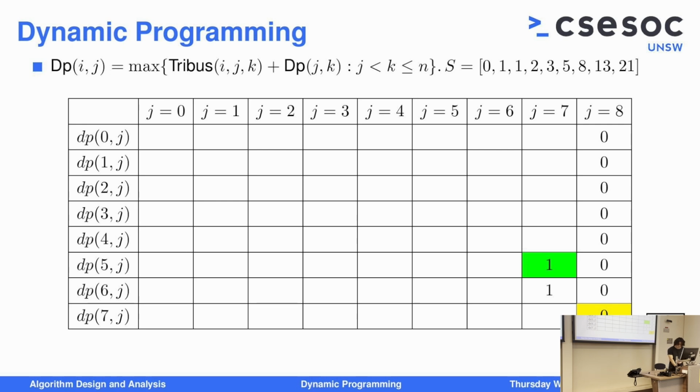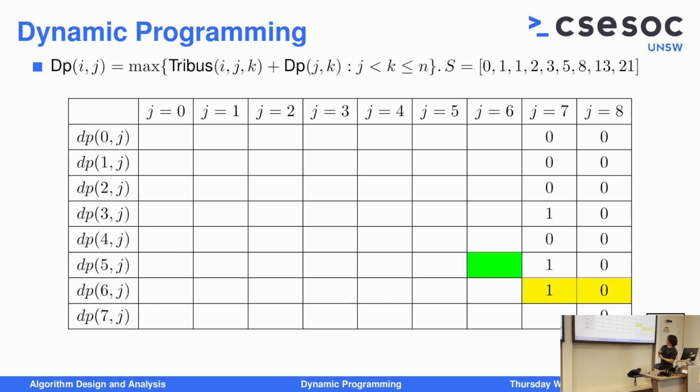So for this one, we'll keep going. We find that 3 plus 13 plus 21 is 37, which is not divisible by 3. So once again, we have nothing here. There are no tribuses in this location. And then eventually we do this for every column.